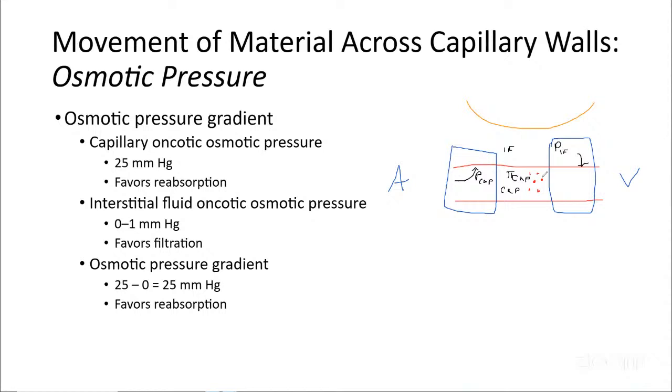The only way they could get across the capillary wall under normal conditions is through transcytosis, which would be regulated. So we're thinking about them staying where they are, and they're exerting a pull on fluid. Here, we're going to imagine fluid being pulled towards those proteins, okay?